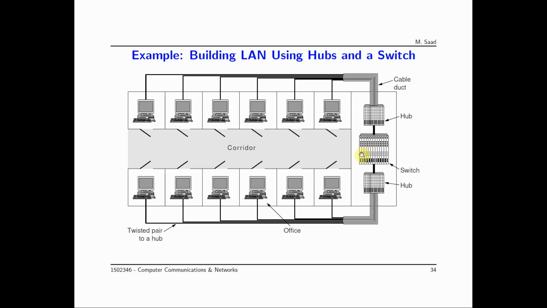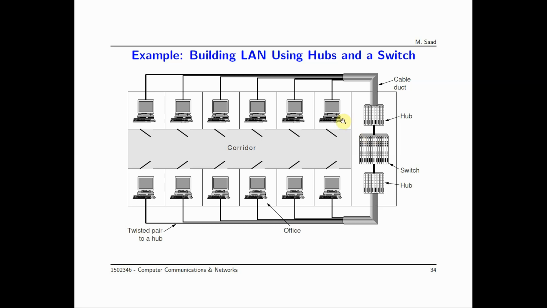Was it really necessary that we use a switch and two hubs? It's not ultimately necessary. The switch has a number of ports. If the number of ports of the switch is enough to cover all devices, we can connect the devices to the switch directly. But imagine here we have 12 devices that need to be connected, and let's say we have a simple switch that has only 8 ports.